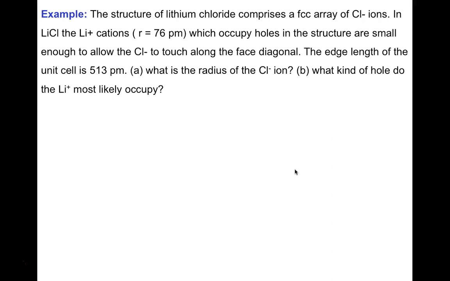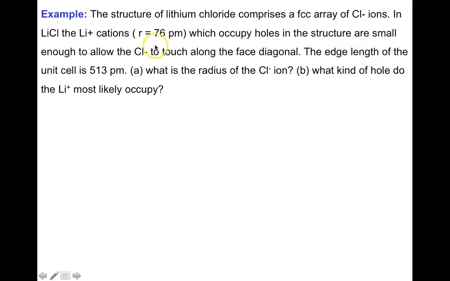So here's a really complex numerical question regarding the structure of an ionic compound. It takes a little while to work through this one. It says the structure of lithium chloride comprises a face-centered cubic array of chloride ions. In lithium chloride, the lithium ions, which occupy holes in the structure, are small enough to allow the chloride ions to touch along the face diagonal.